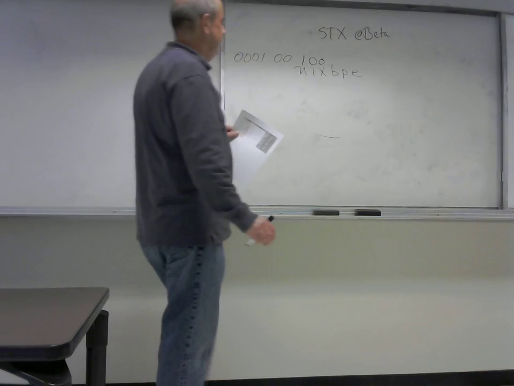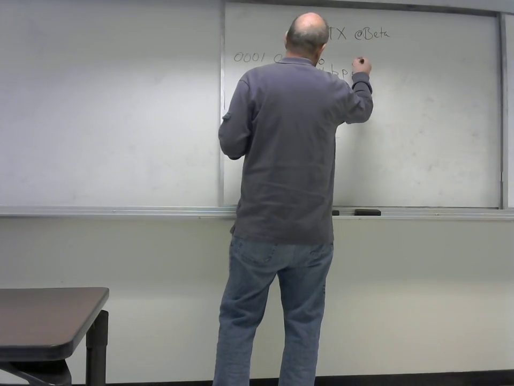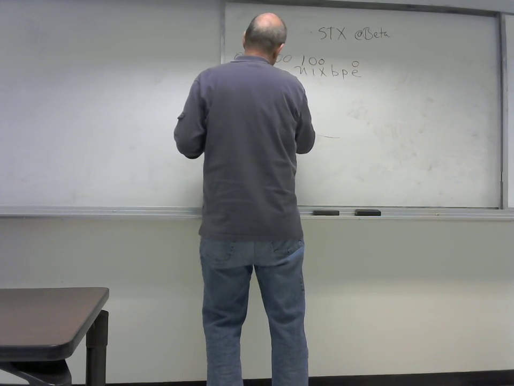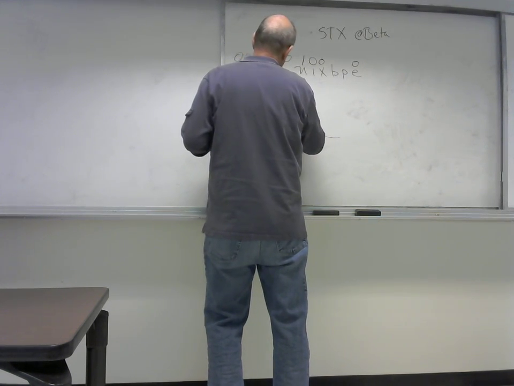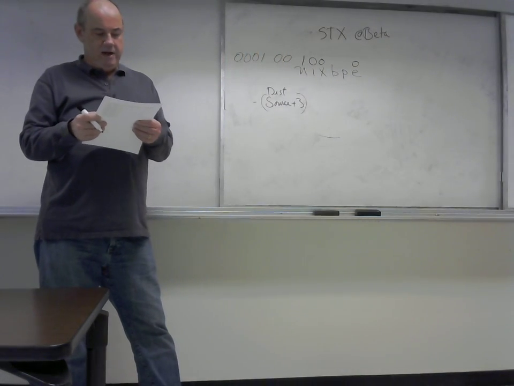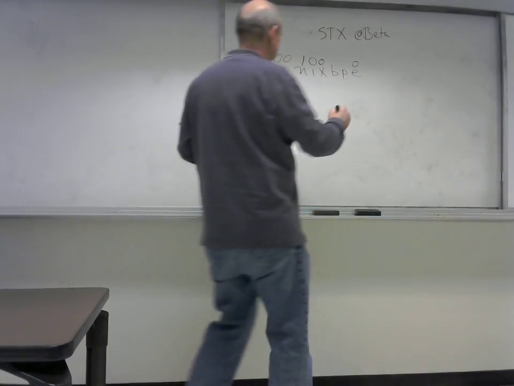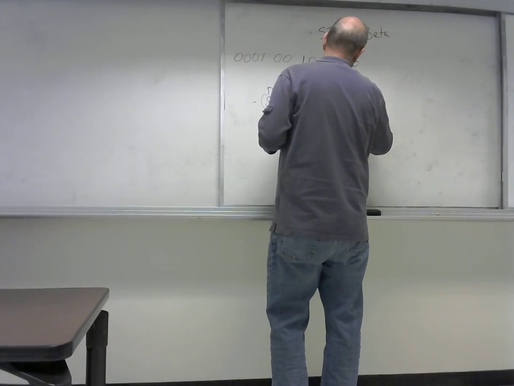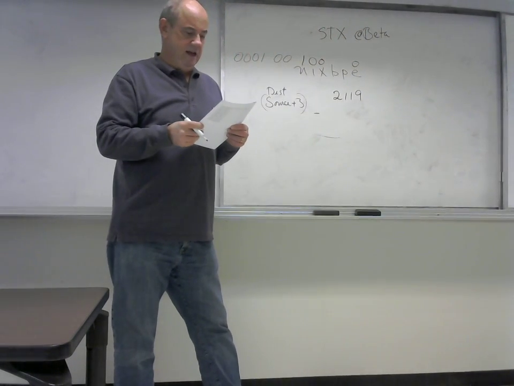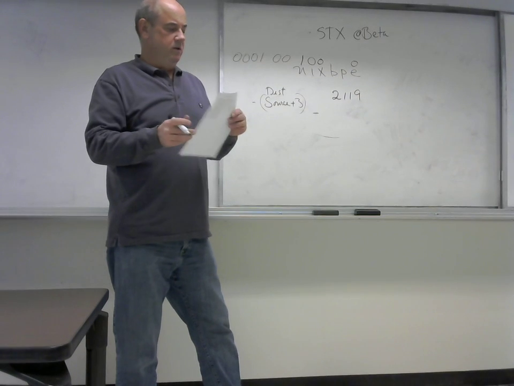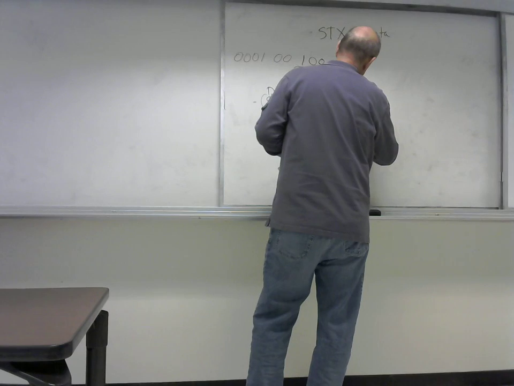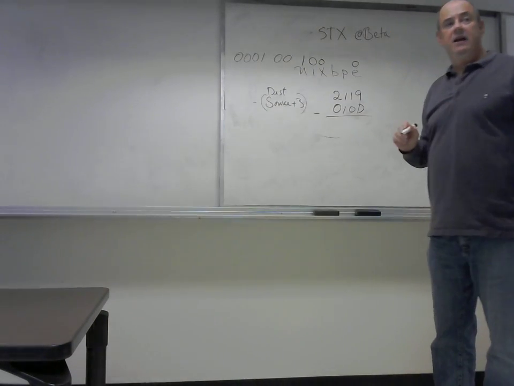So try PC relative first. Destination minus source plus 3. So where are we going to read? Beta, 119. Minus source plus 3, 10D. Okay.